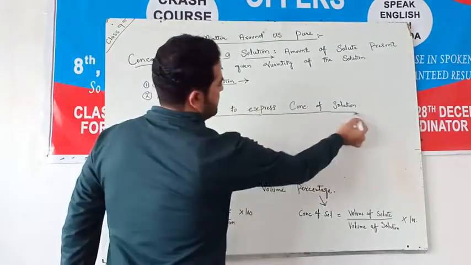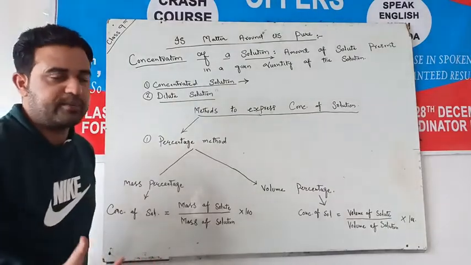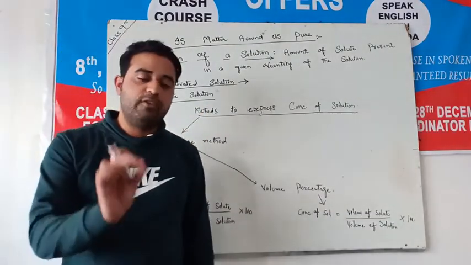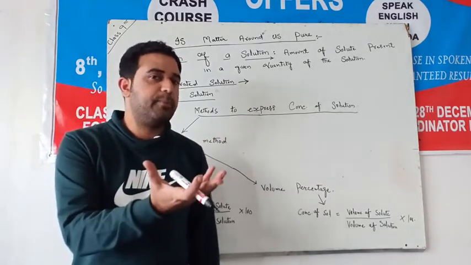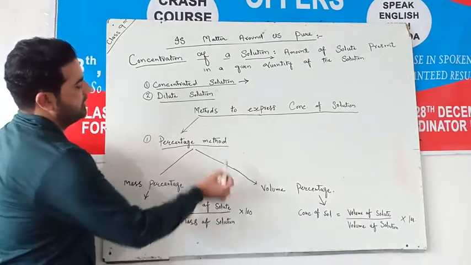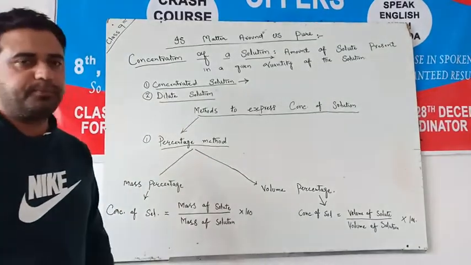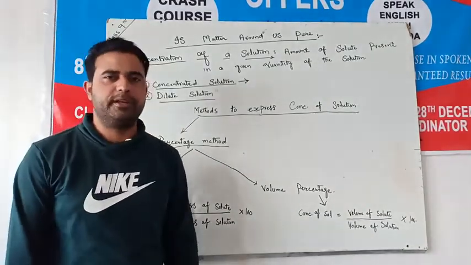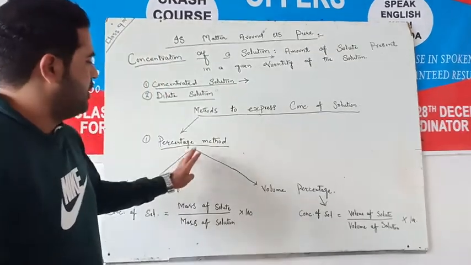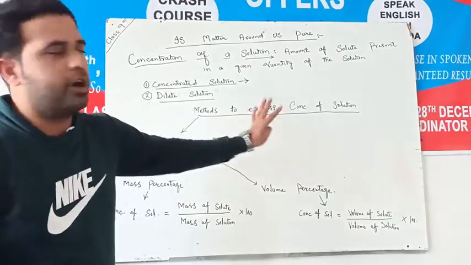Methods to express the concentration of the solution. I have written here one method which is called the percentage method. It is a very common method by the help of which we can determine the concentration of the solution.